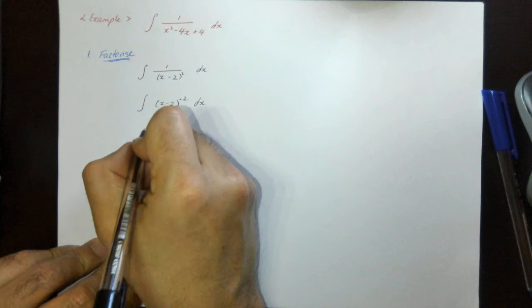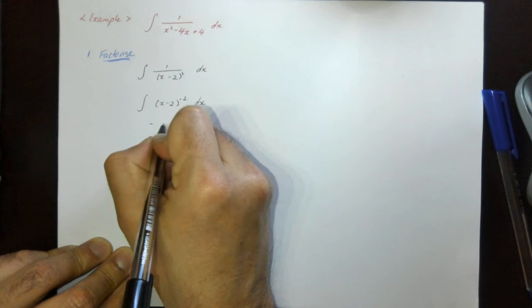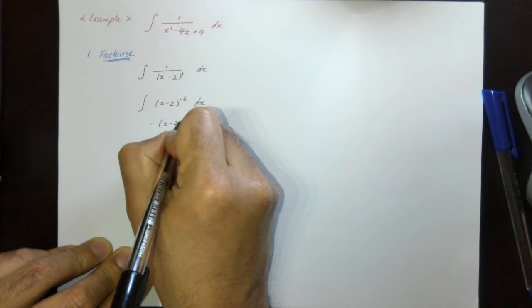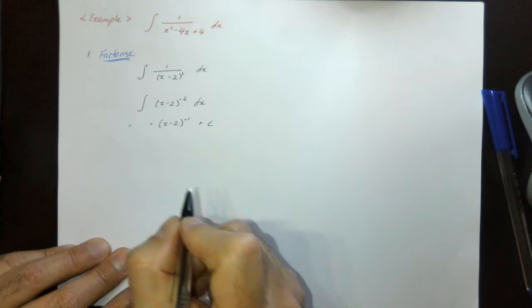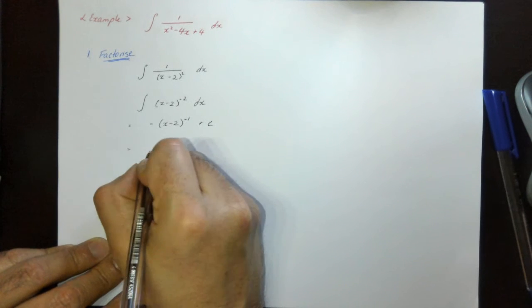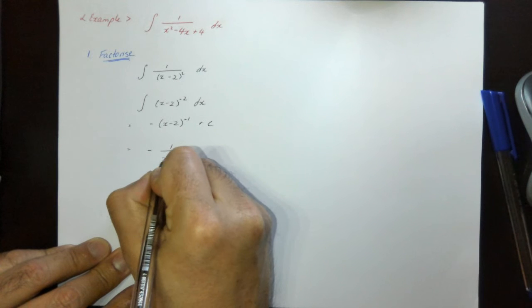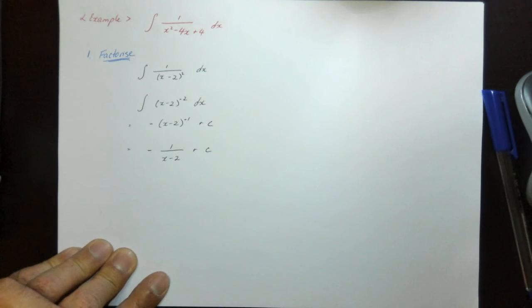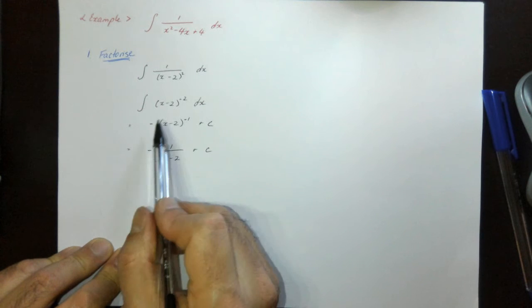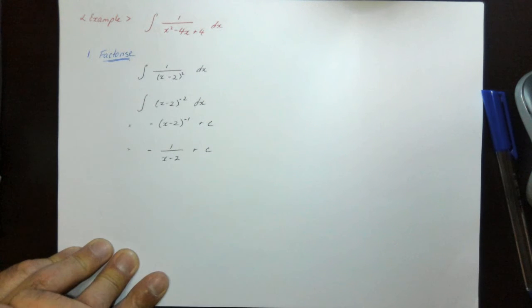Beautiful. So we've got negative 1 over x minus 2 plus c. Okay, you can always double check. If you take the derivative of this, you should get that.